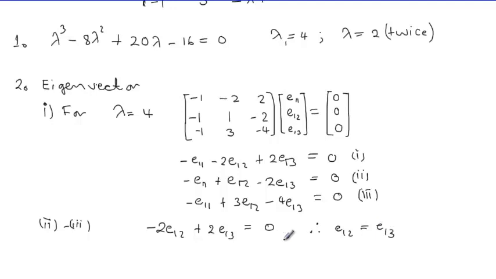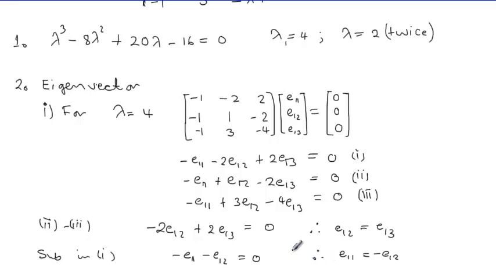And then substituting this in equation 1, we have minus E11 minus E12 equals to 0, which takes us to concluding that E11 is equal to minus E12.